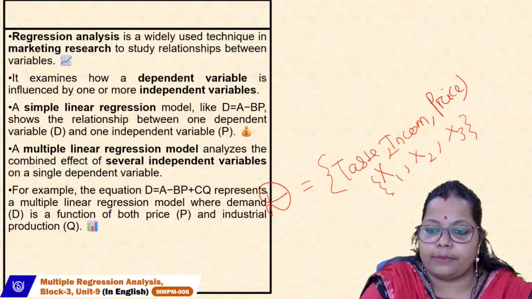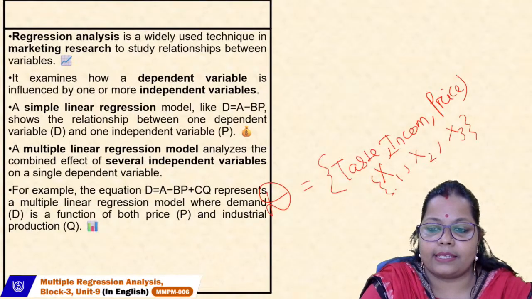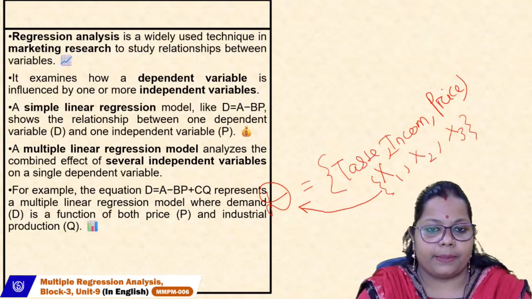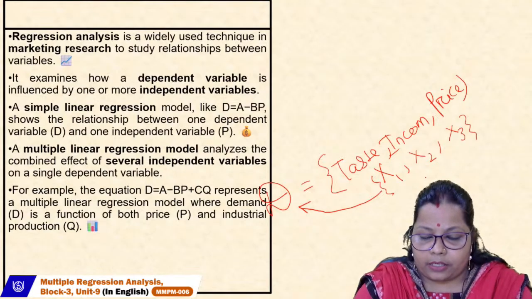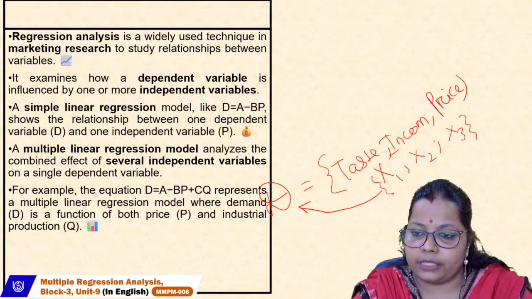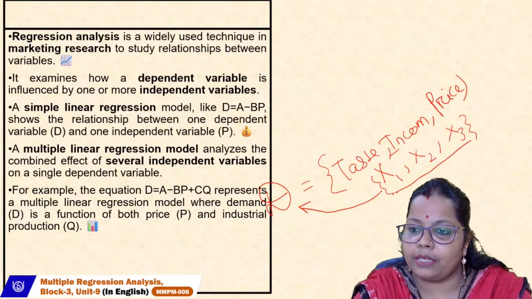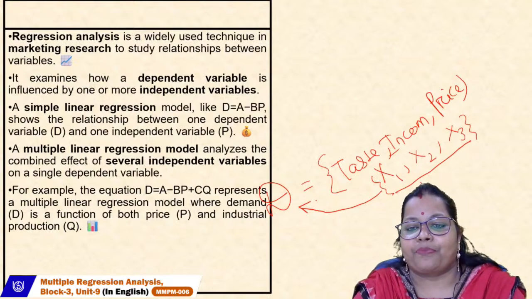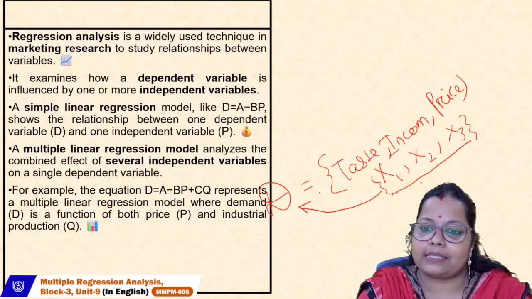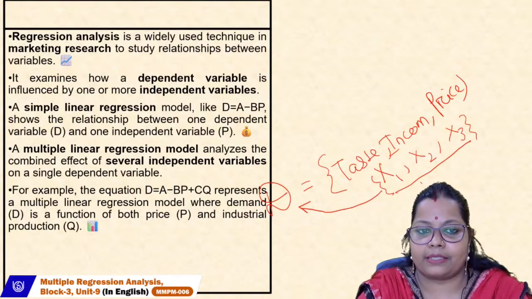So these variables x1, x2, and x3 are impacting whom? The dependent variable, demand. If these variables have a great impact on demand, then what is that impact? How is it affecting the demand, and what is the depth of the impact?